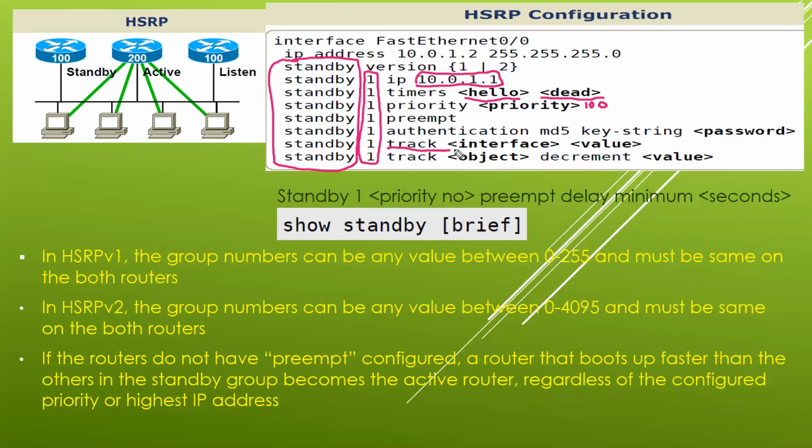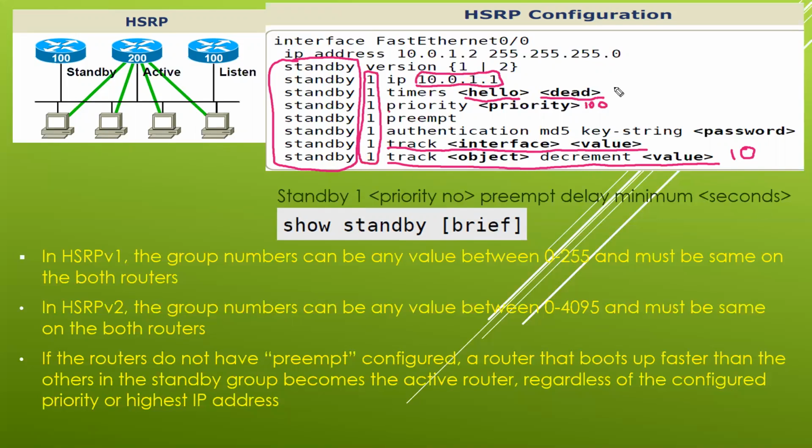Track interface tracking value, I will explain what this tracking interface is. And track object decrement, we can decrement the value also. If we don't give this command, by default it decrements by a value of 10.